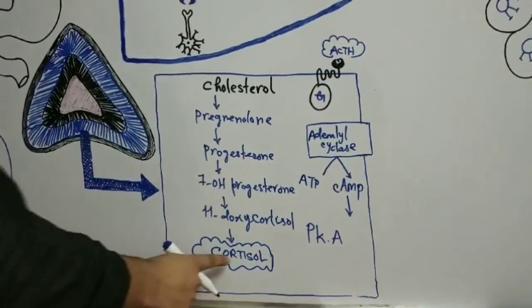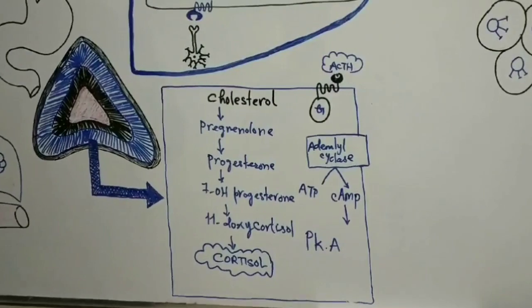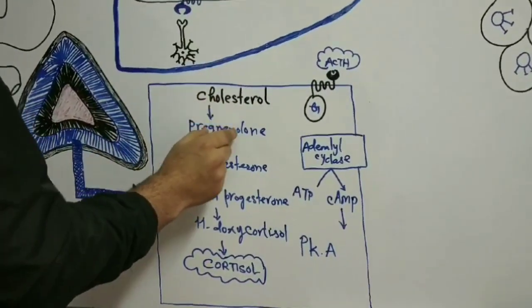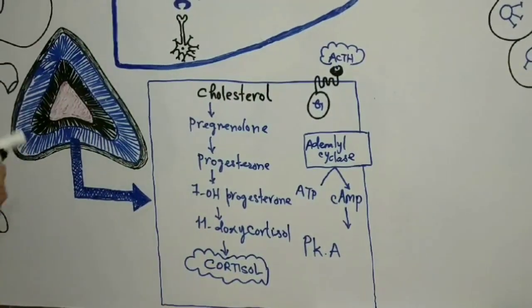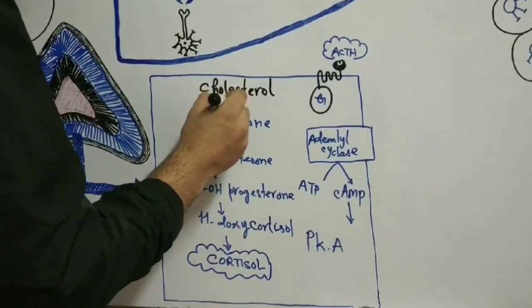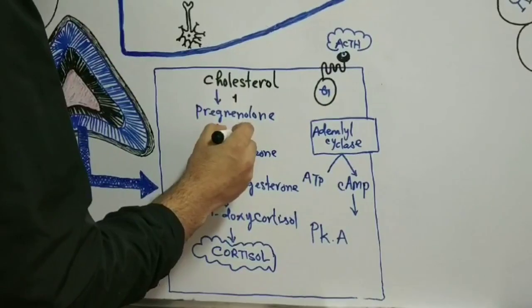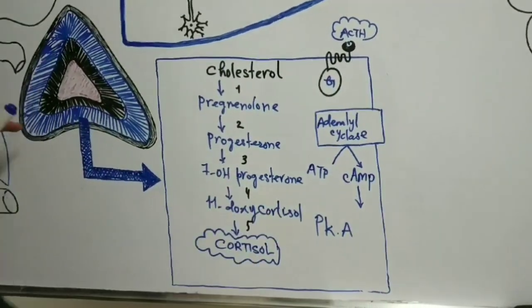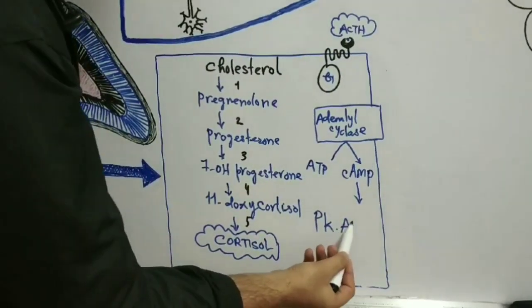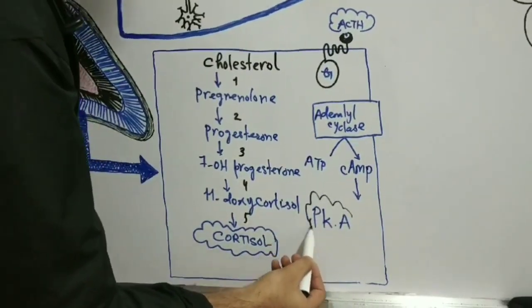Now here is the formation of cortisol, but remember one thing, there are certain enzymes which take part in the synthesis of cortisol. Suppose here is the first enzyme, here the second, here the third, here the fourth, here the fifth. Now, what is protein kinase A going to do?